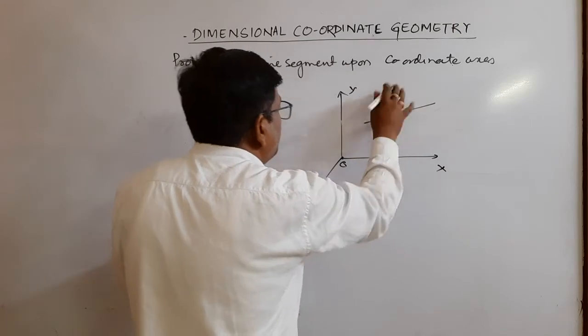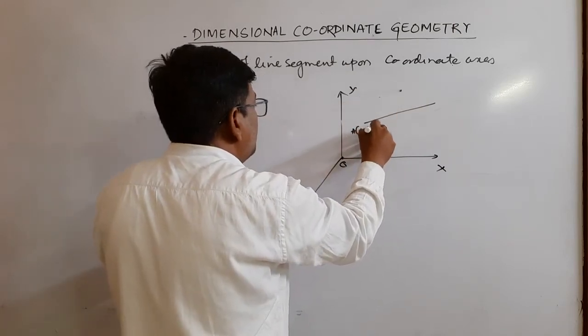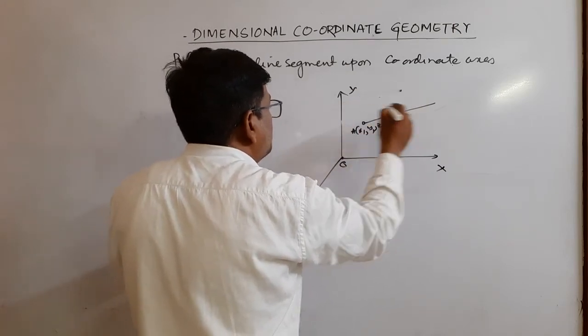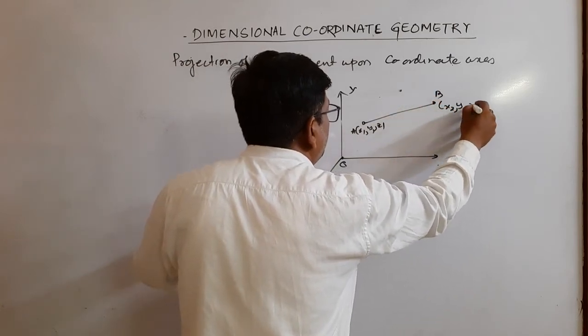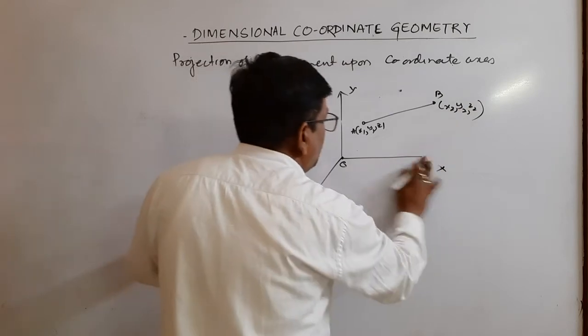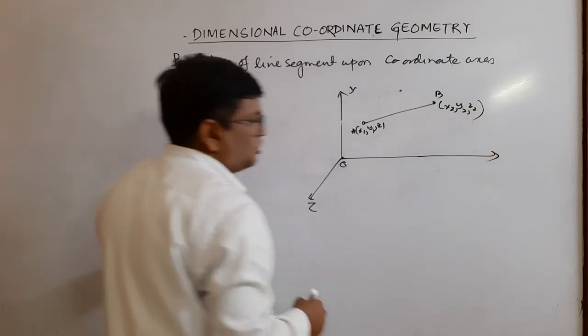This is A of x1, y1, z1, and this point is B of x2, y2, z2.